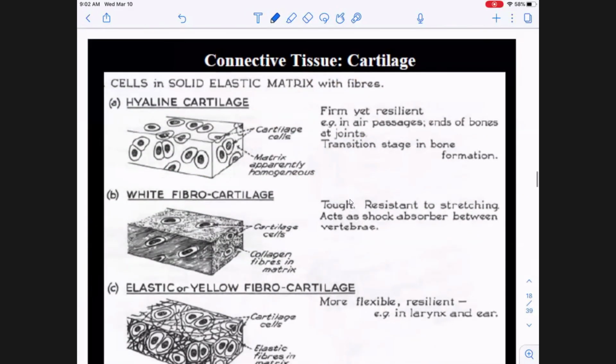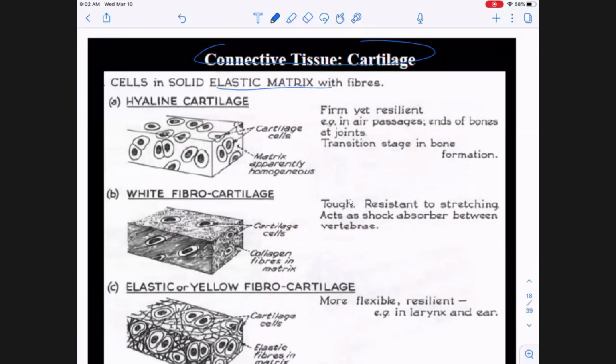And we've got a little bit more connective tissue, cartilage. The cells inside the elastic matrix with fibers. That's hyaline cartilage.